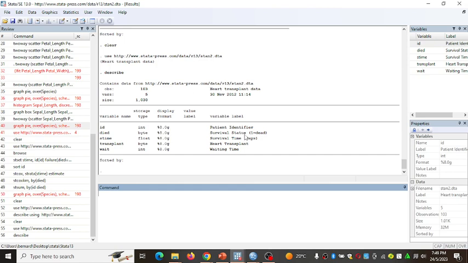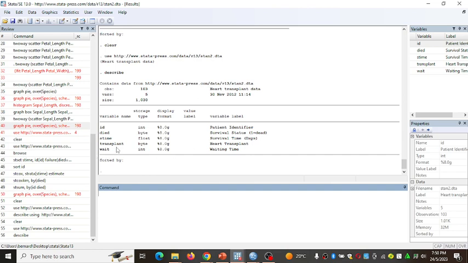If you see 1 in the died column, you get to know that that particular patient died in the process of medication. We have the survival time, S time. This is the survival time in days.